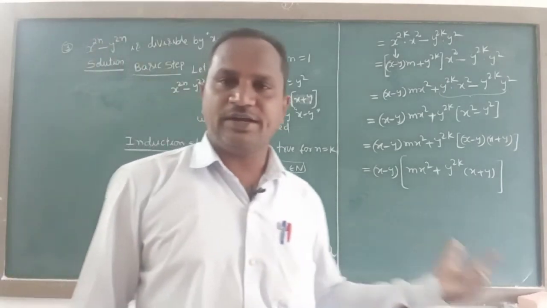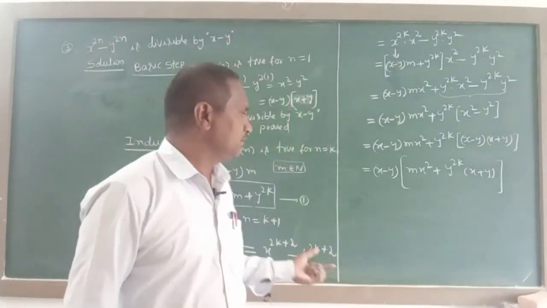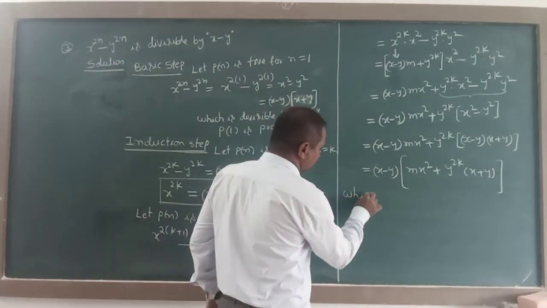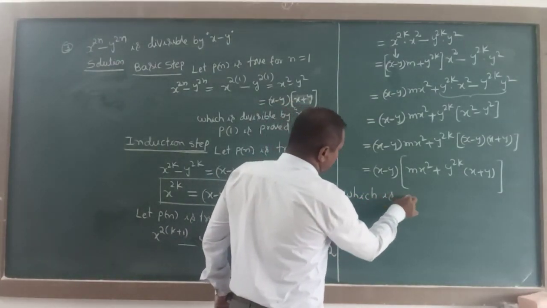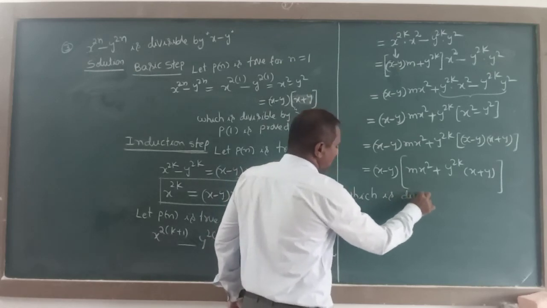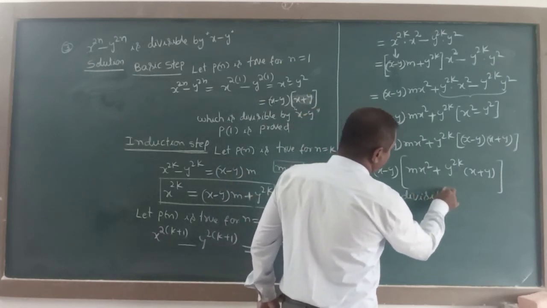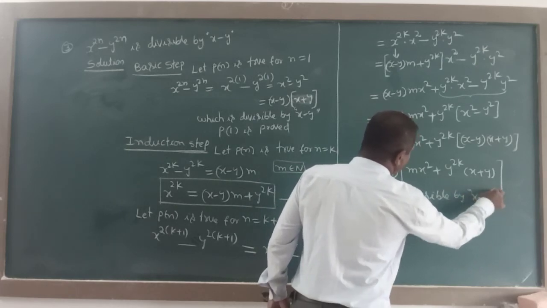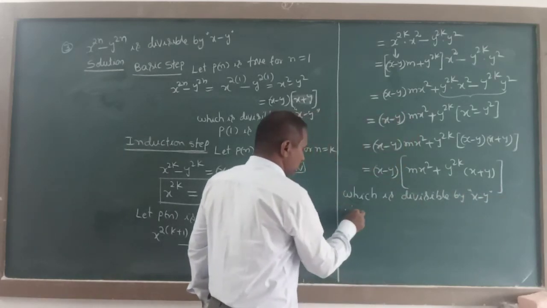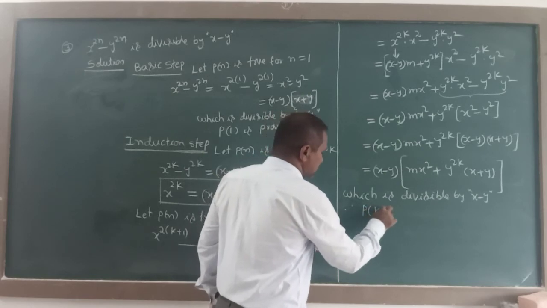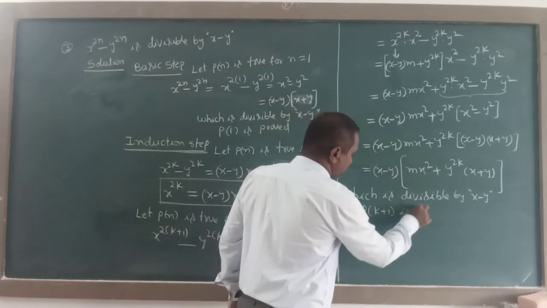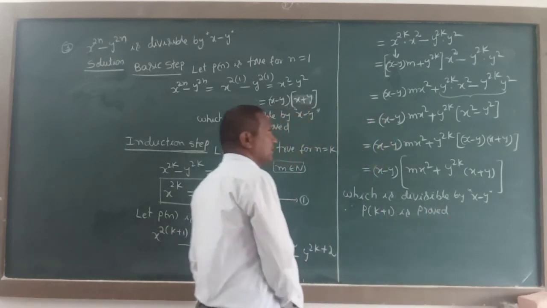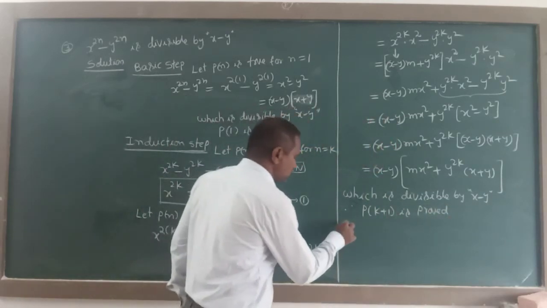When it has a product, we can definitely tell it is divisible by x minus y. Therefore, P of k plus 1 is proved or verified. And finally, we should write the conclusion step.